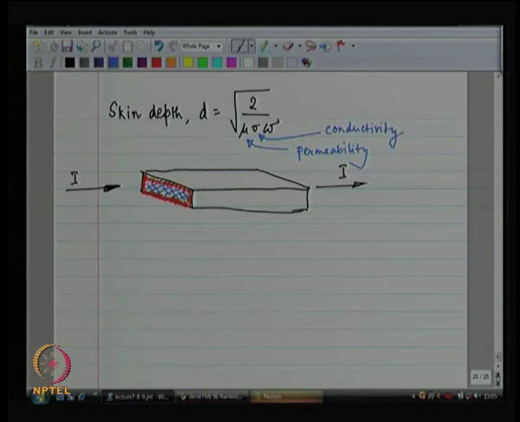So, if you have something which is perfectly conductive, that is sigma is infinitely large, then all the current goes through the entire bulk of the material, it is used for current propagation. However, sigma is finite. Fine.